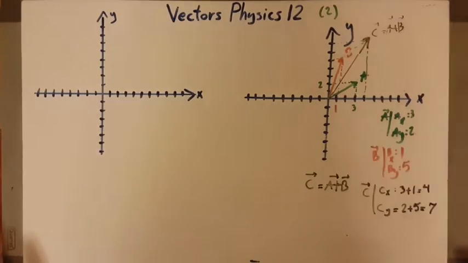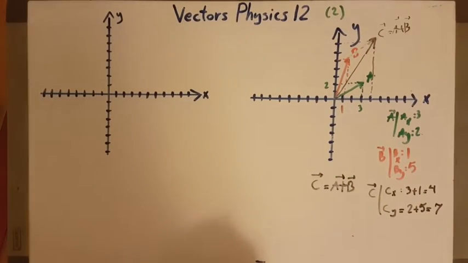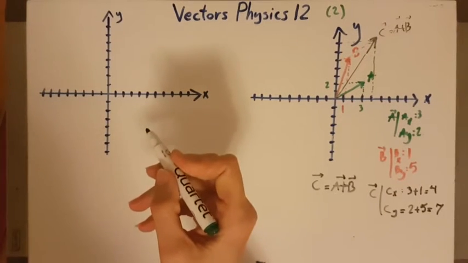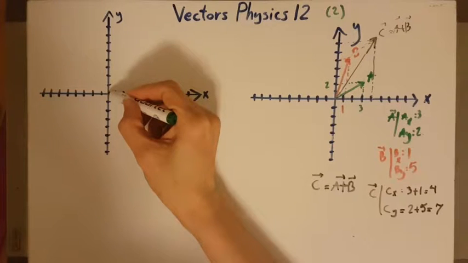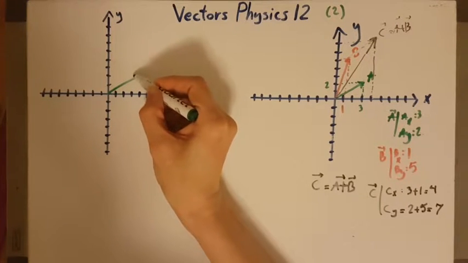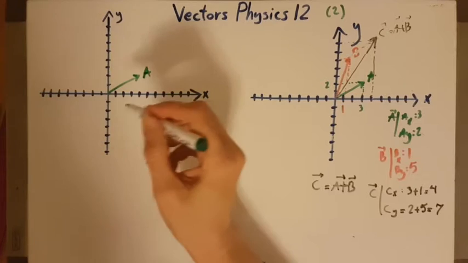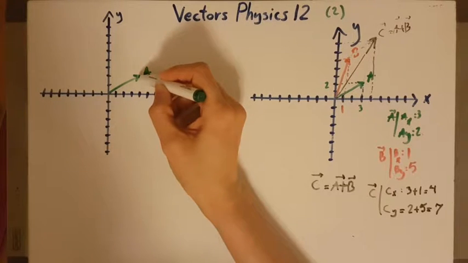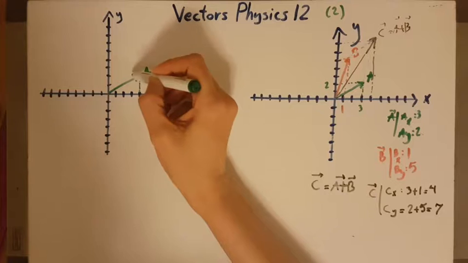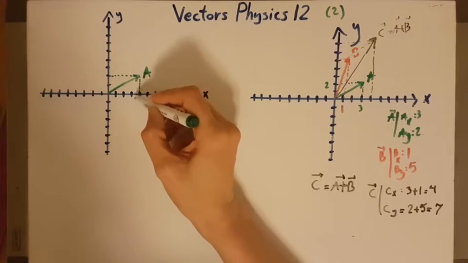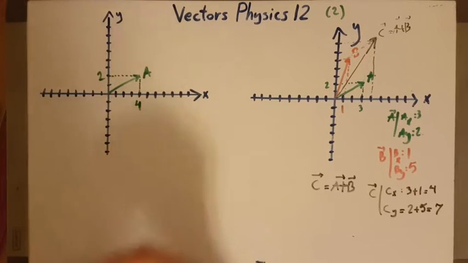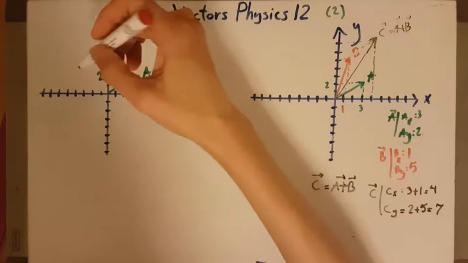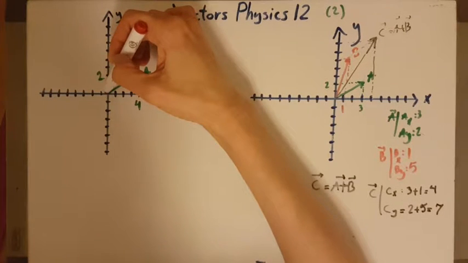So for example, let's try some here actually. Okay, let's have a vector here. Let's say for example we have A. This is another A, which you can see is giving me 2, 3, 4. 4 for X, 2 for Y. Let's draw a B here actually.